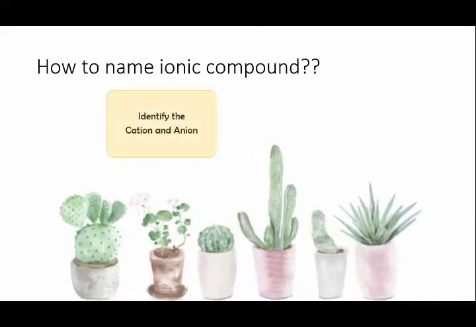So, here are some guidelines that you can follow about how to name the ionic compound. It consists of 4 steps. Firstly, we need to identify the cation and the anion.